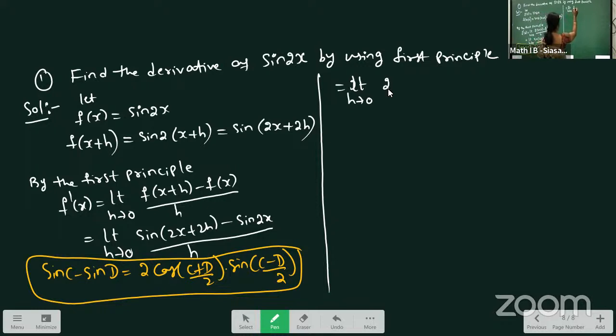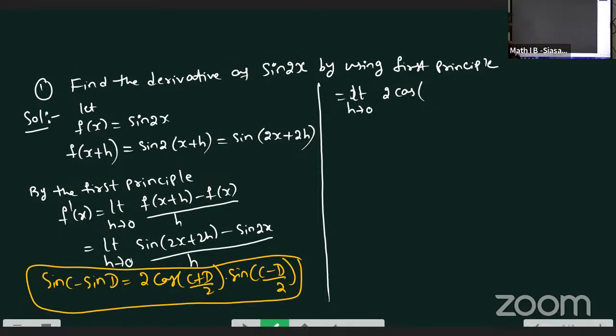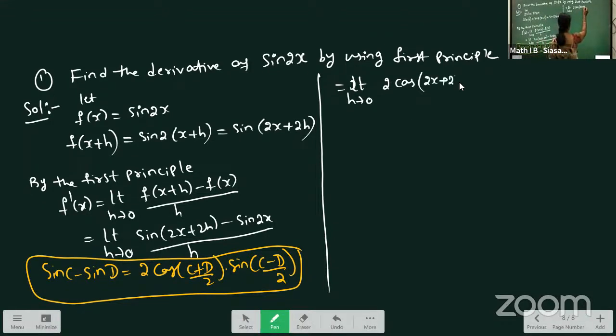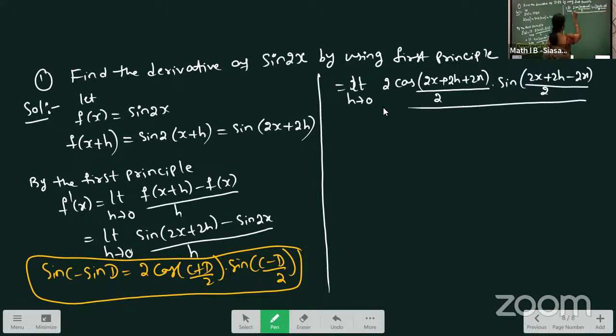Formula: 2 into cos c plus d, that is 2x plus 2h plus 2x by 2, into sine c minus d, that is 2x plus 2h minus 2x by 2, and the whole divided by h.